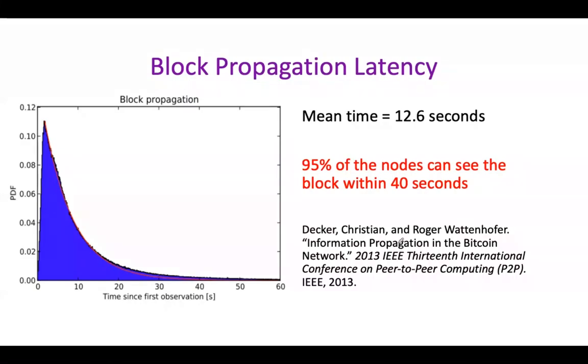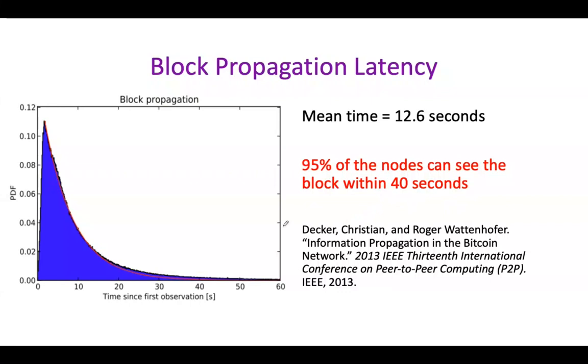So the block propagation latency in the Bitcoin network has a mean time of 12.6 seconds. In 12.6 seconds, every block which is created can be flooded in the network, and 95% of nodes can see the new block within 40 seconds.